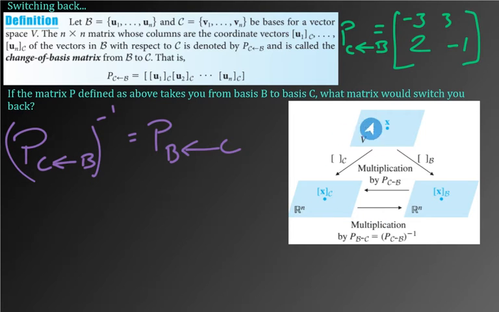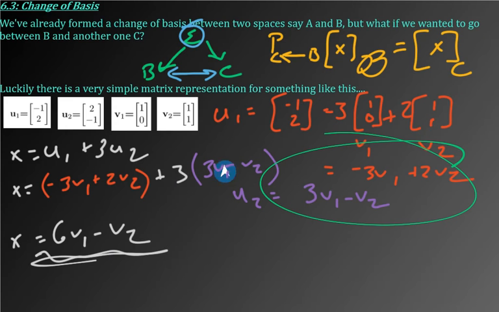You can take any vector, write it in terms of some arbitrary basis C, and write it in terms of B. And if you build this matrix where the columns are built out of taking B's basis vectors and writing them in terms of the other one, and then you just multiply, you can go from B to C, and then the inverse will go from C back to B, which is a really nice thing. So it's a much quicker way to do this rather than going through this every time.